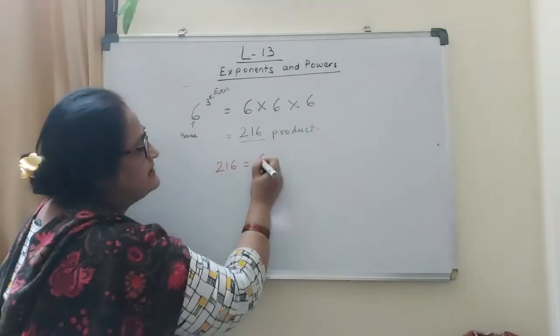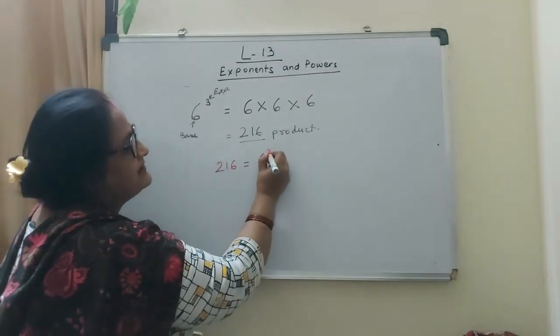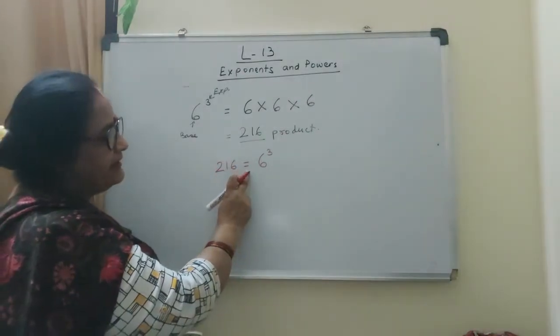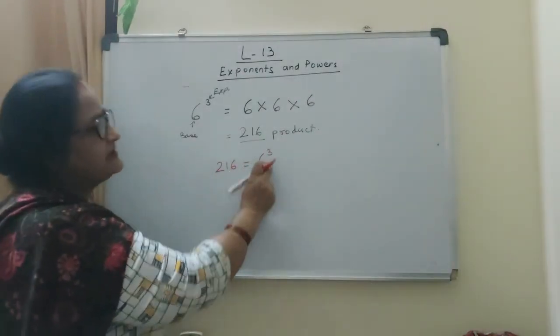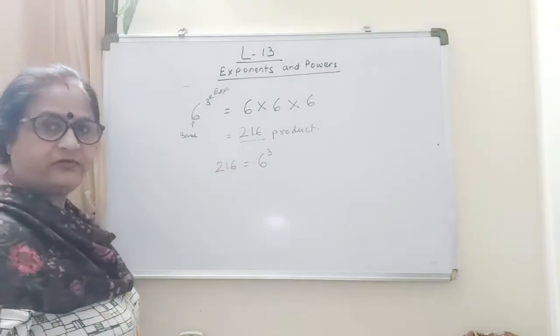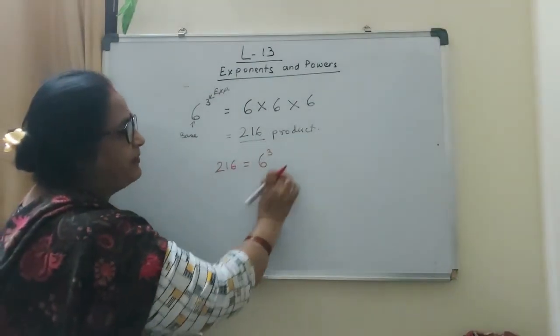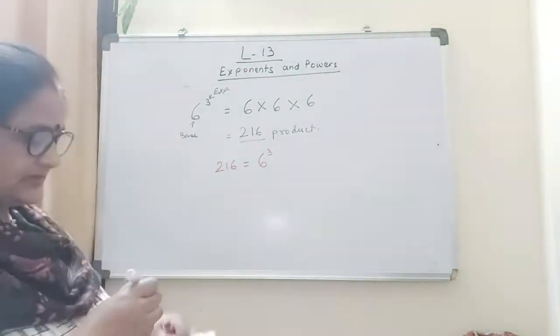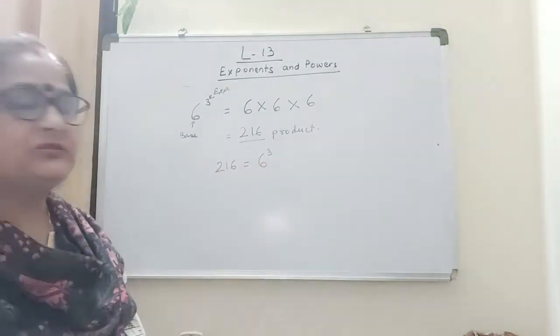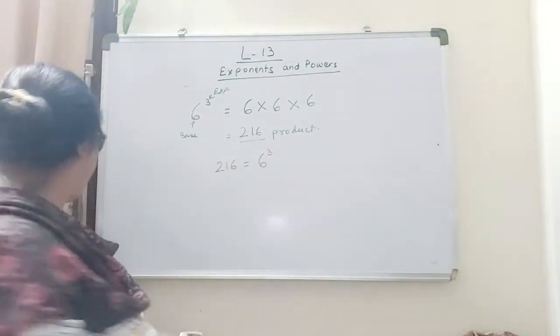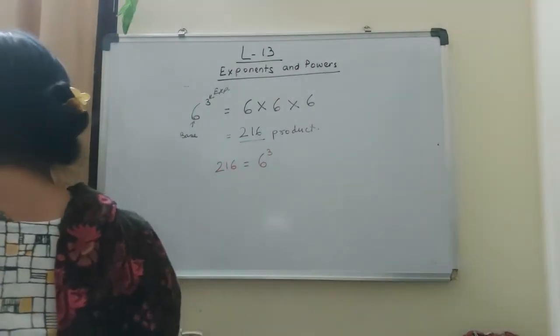Power of 6 means 6 is your base and power is 3. So 216 can be written as 6 raised to the power of 3. Writing it in this form is called exponential form.